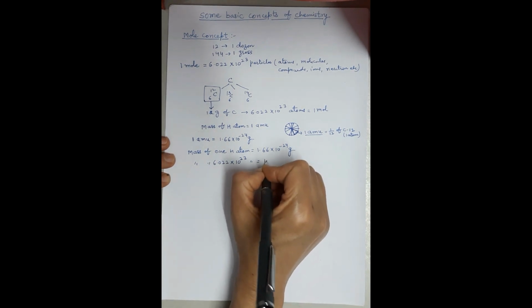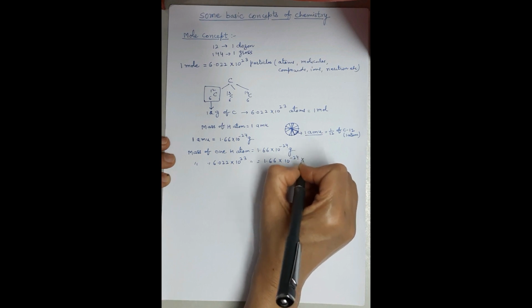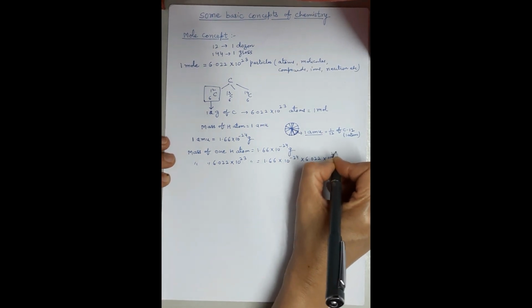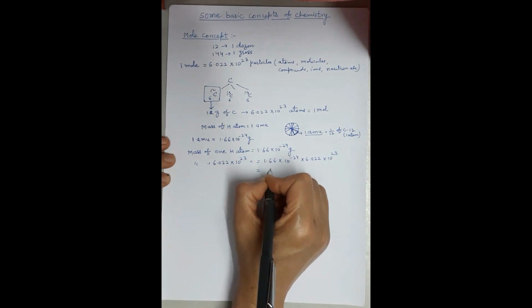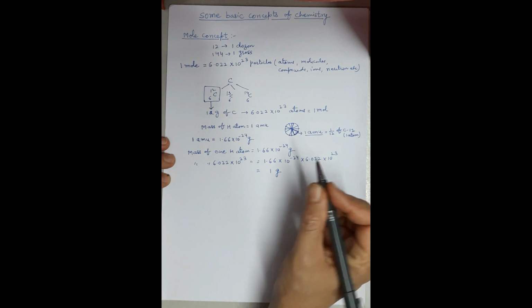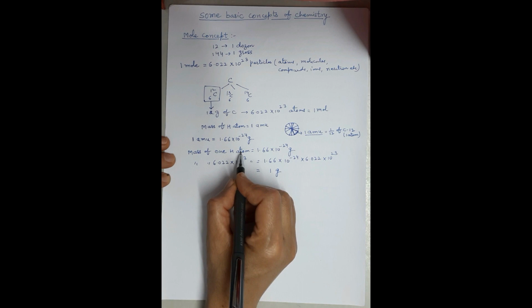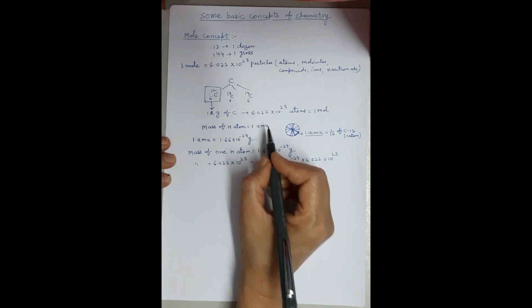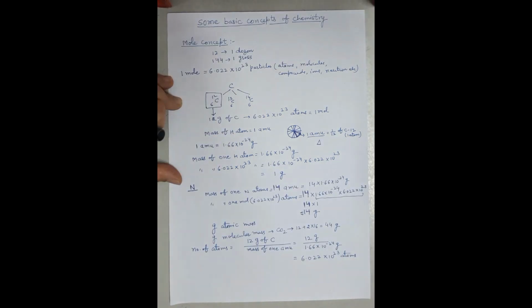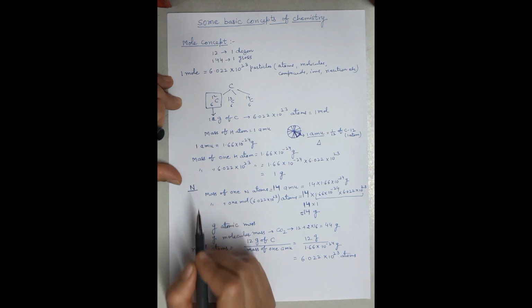If you calculate this, it is 1.66 × 10^-24 × 6.022 × 10^23. If you solve this, it comes out to be 1 gram. So the mass of 1 hydrogen atom is 1 AMU, but the mass of 1 mole of hydrogen atoms is 1 gram.